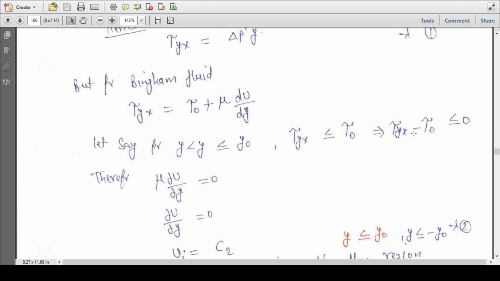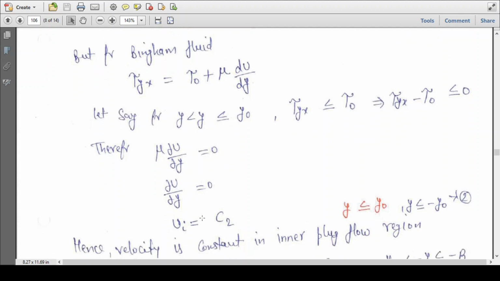So in this particular range tau yx minus tau naught would always be less than or equal to 0. So it should have a finite value, and to make it finite we make it 0 here. If we integrate that, c1 equals c2, so this is the inner plug flow region. Velocity is constant for this range, y less than or equal to y0 or y greater than or equal to minus y0.